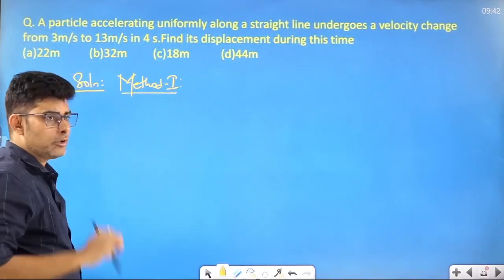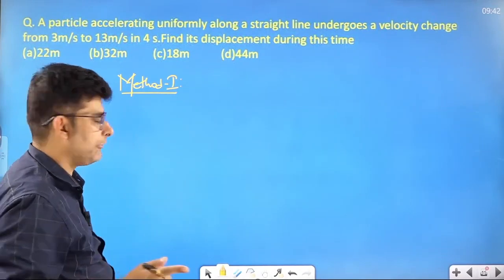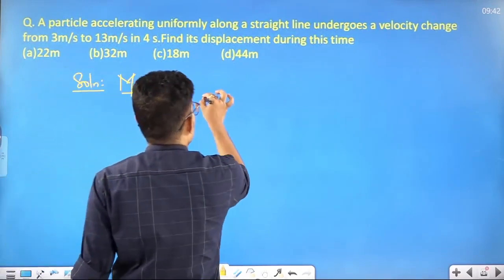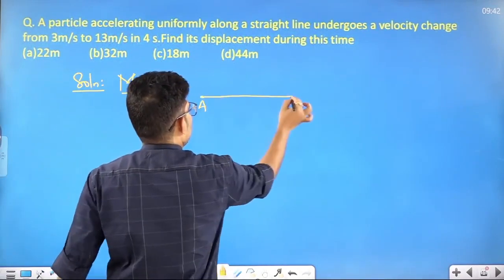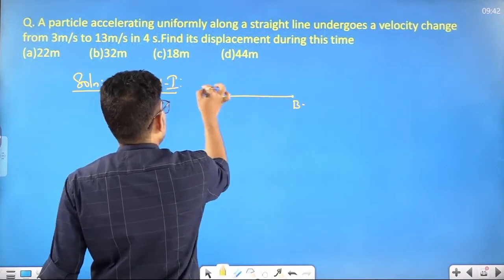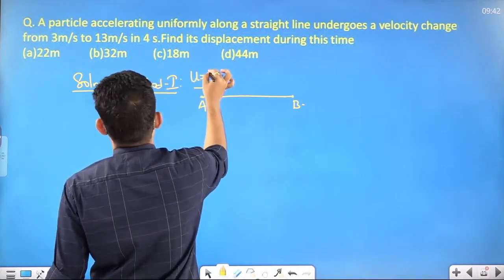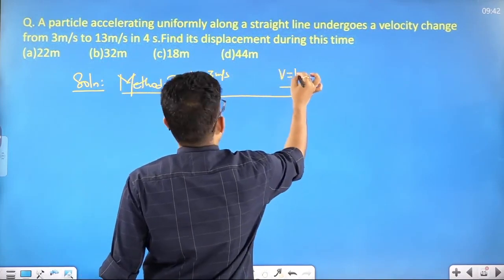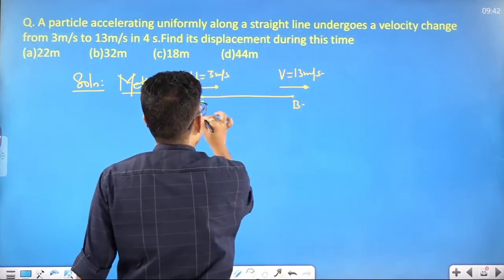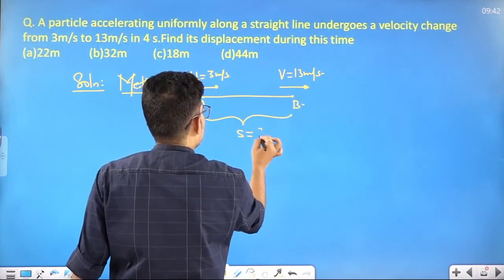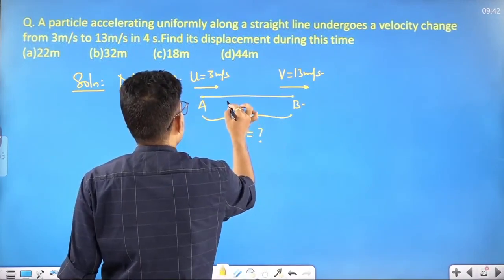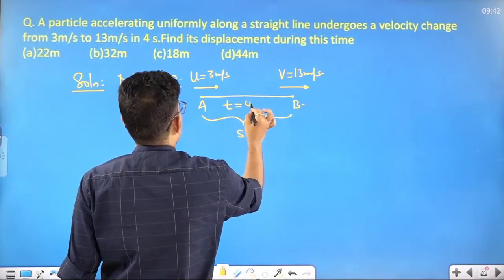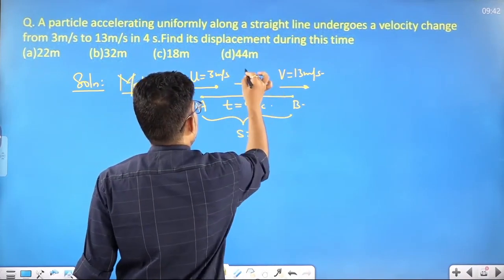Whenever you solve questions on uniformly accelerated motion, suppose this point is A and this point is B. Initial velocity u is given as 3 meter per second. They have given the final velocity as 13 meter per second. They are asking this distance, and they have given the time. Time taken is 4 seconds. They have not given the acceleration.